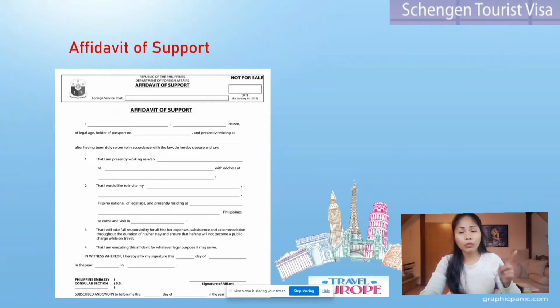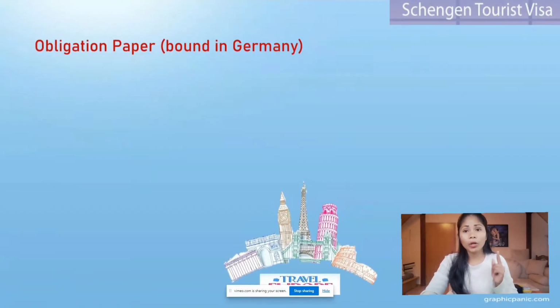For example, if your sponsor is from Germany and magta-travel ka going Germany, si sponsor pupunta siya sa Philippine Embassy dito sa Germany to have this affidavit of support and ipapadala ni sponsor mo sa Pilipinas for you to be submitted in the embassy.